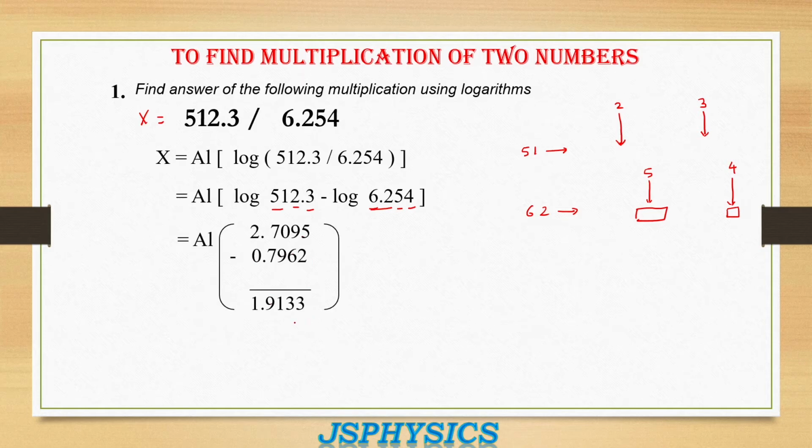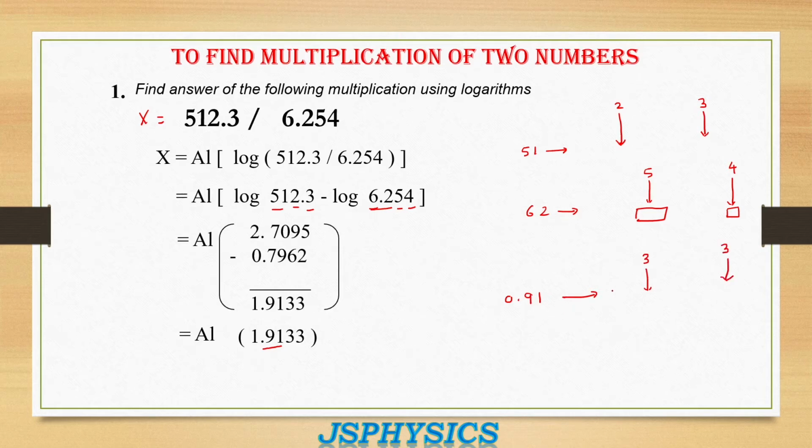Once we get this number, we have to find the anti-log of 1.9133. To find the anti-log, we look at the anti-logarithmic tables. In that table, in the row of 0.91, under the column of 3 and mean difference of 3, we have to find these two numbers.